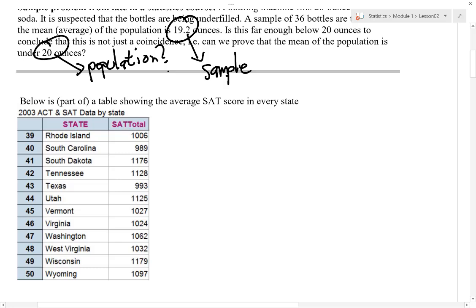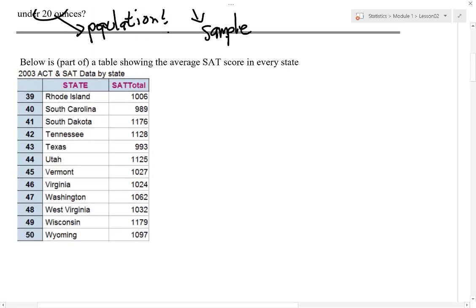What we have in the table below, and this is only part of the table, is a list of the average SAT score in every state of the United States. Again, I can't fit the entire table in here, but these are the last 12 items. So we can take all 50 states, if we had them in this list, and find an average. We're going to talk about mean, median, and mode.